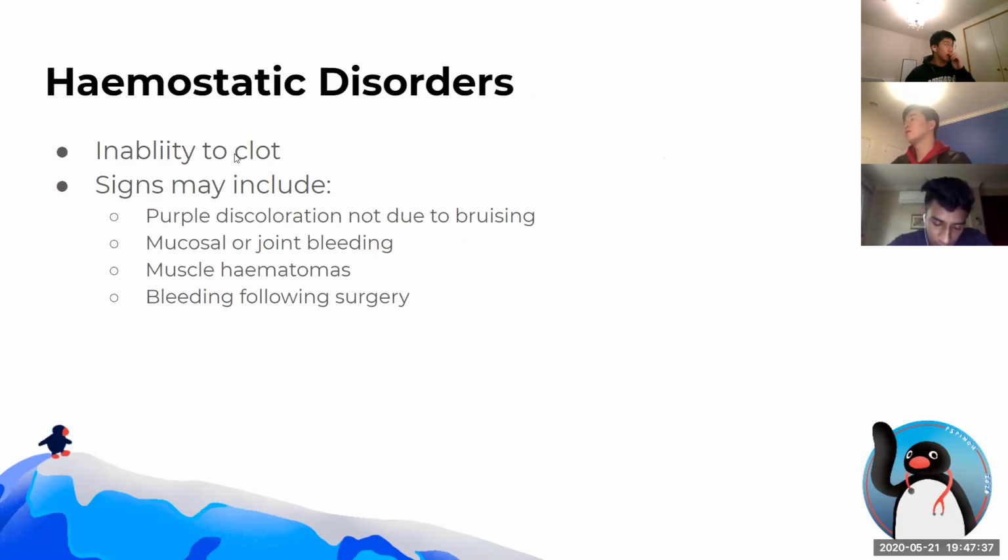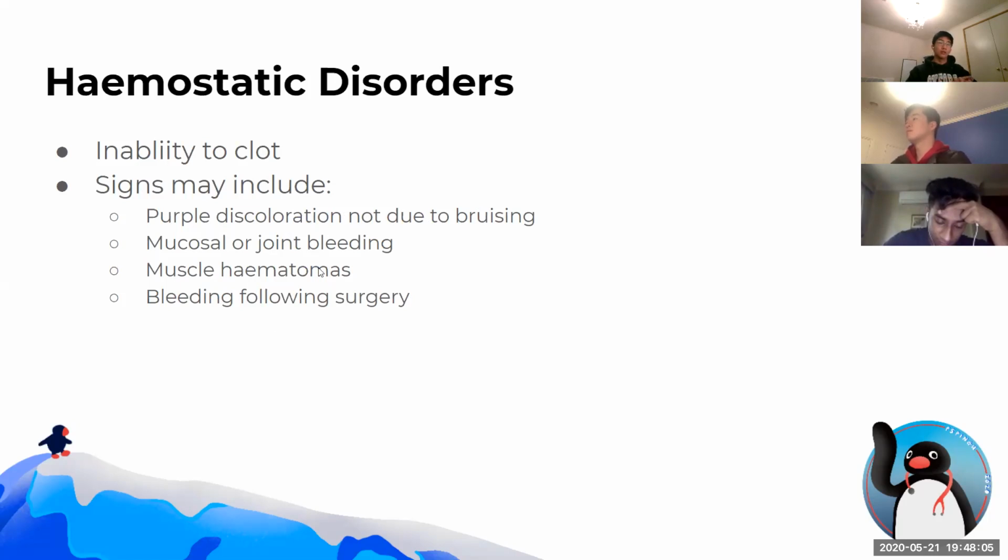But the main one we look at is the inability to clot. So we might bleed too much, perhaps after surgery or from our joints due to some trauma, or we might have purple discoloration, but that's not bruising, it's just due to not being able to clot well. And you might get some hematomas, which is a buildup of blood.